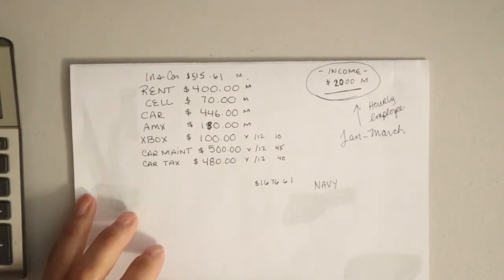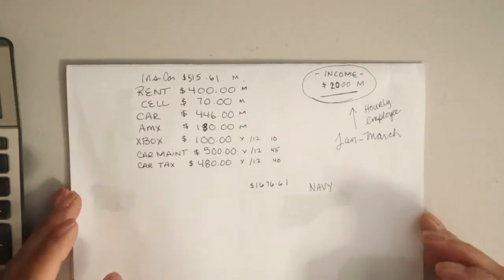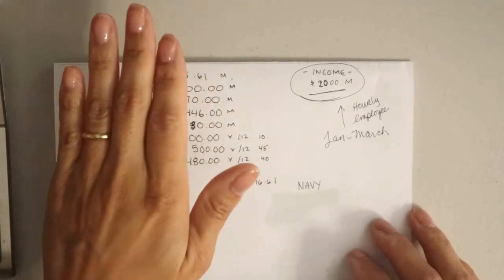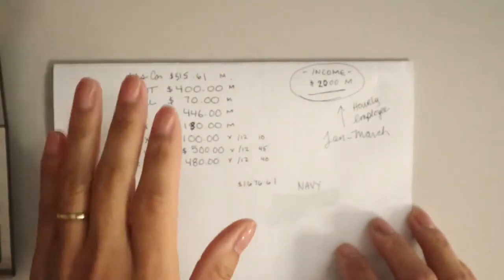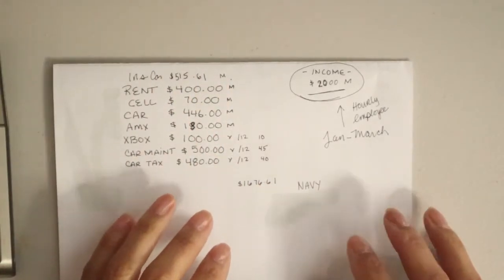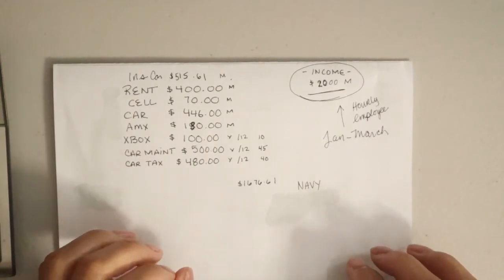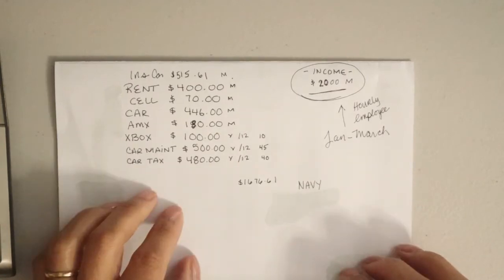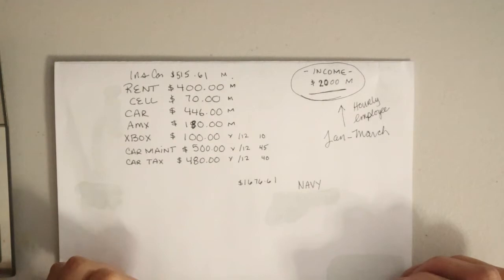Alright, so first thing is first, when you're about to do your budget, you need to, on a piece of paper, write down all of your bills, expenses, everything. From things you pay every 3 months to everything you pay once a year, like car taxes, or twice a year.